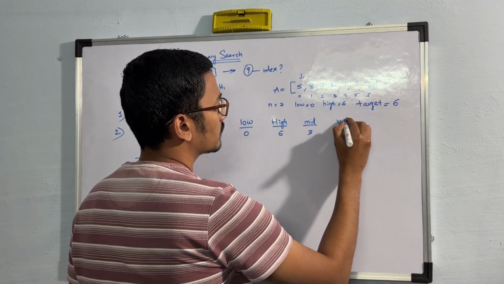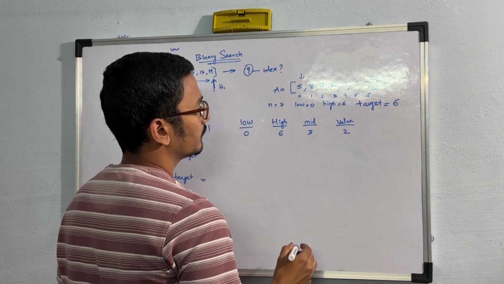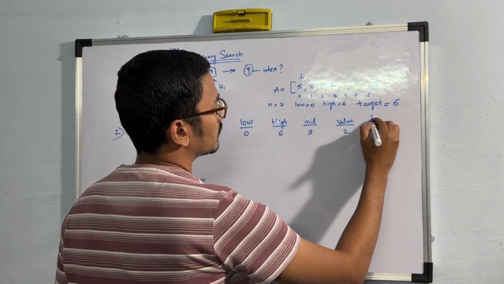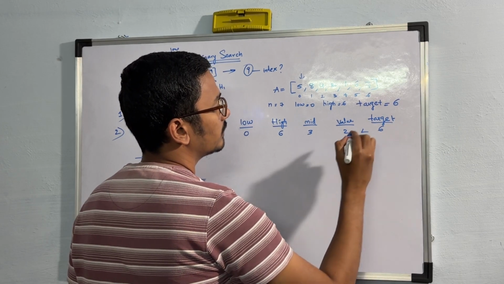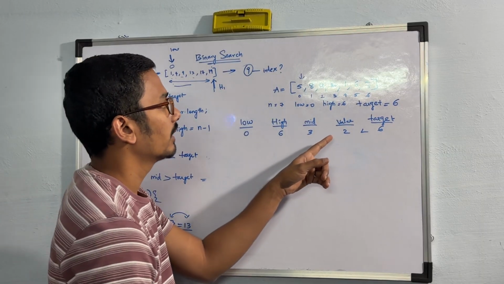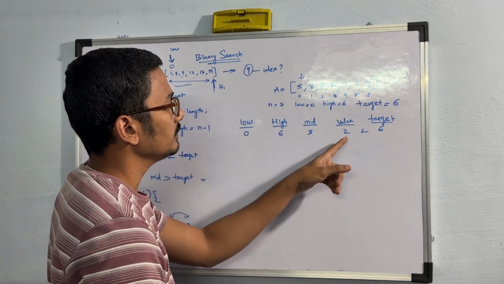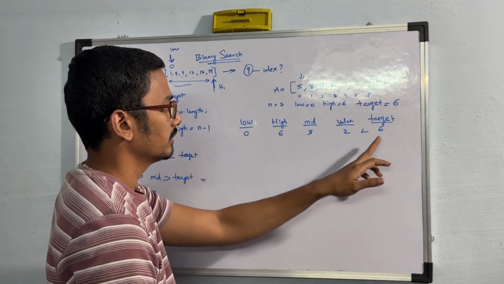Let us keep the value as well. So at 3, the value is 2. Target I'll keep just for comparison: 6. 2 is obviously less than 6. If 2 is less than 6, what do we have to do? We have to go to the right, because the target is more.